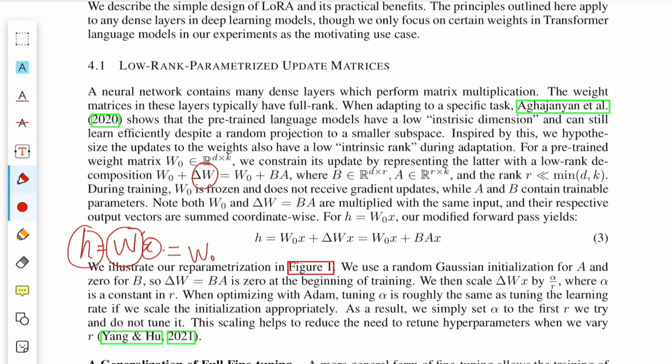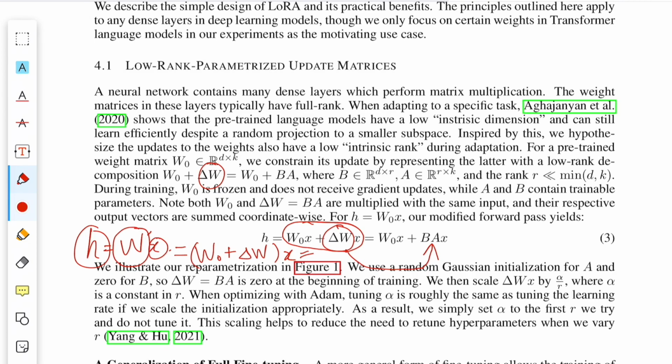W is W0 plus delta W, and delta W equals B multiply A. And in this part, BA multiply X, the computing efficiency is very high. It saves more cost than using W alone. Yes, this is better than just multiplying X with W.